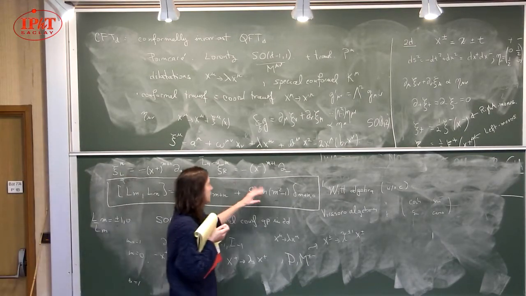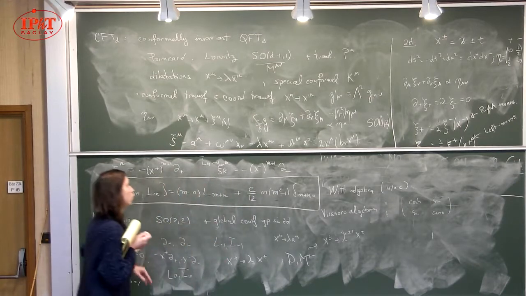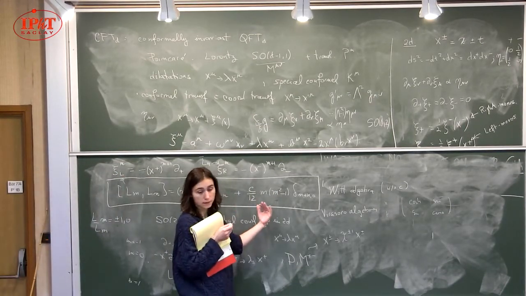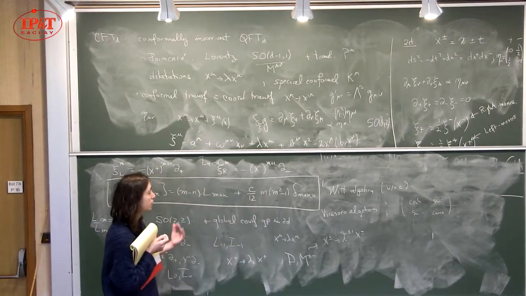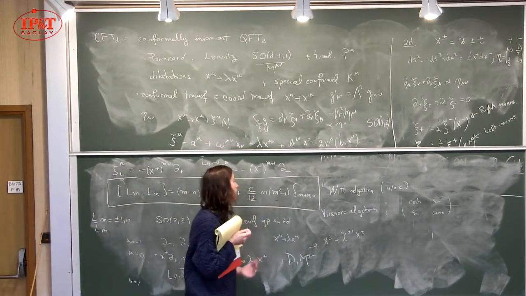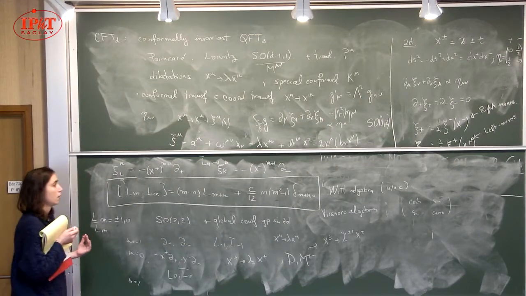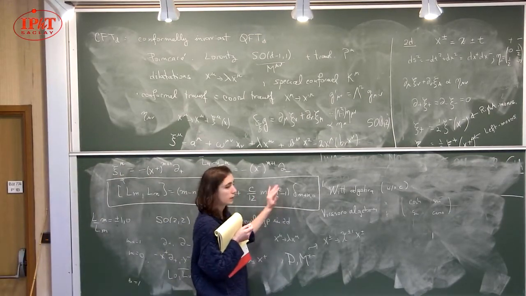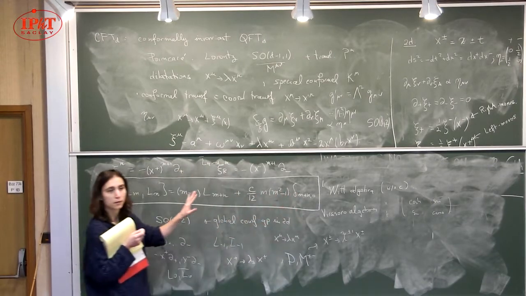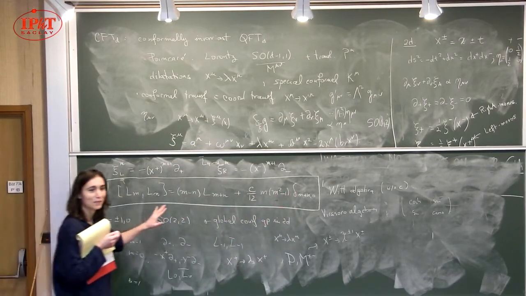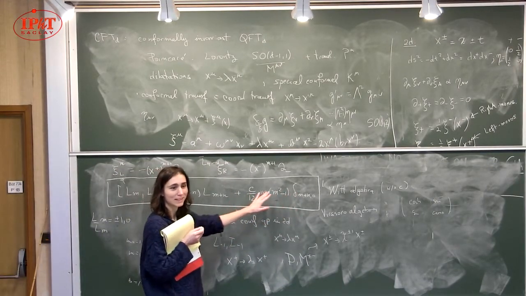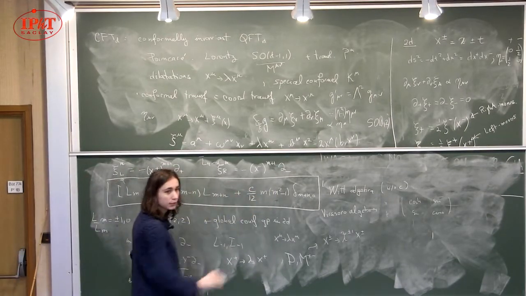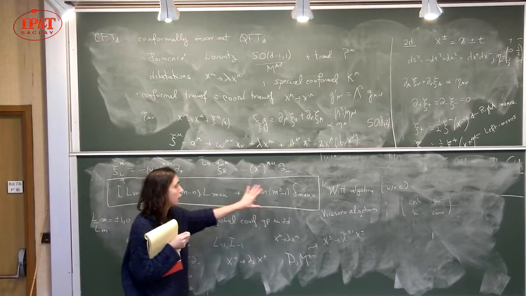This term is associated to some anomalous transformation of the stress tensor of the theory under conformal transformations. I don't really have time to go into it, but there's a full, beautifully done discussion in Di Francesco, which everyone, if you haven't read it until now, should read. They explain how all of this comes about.